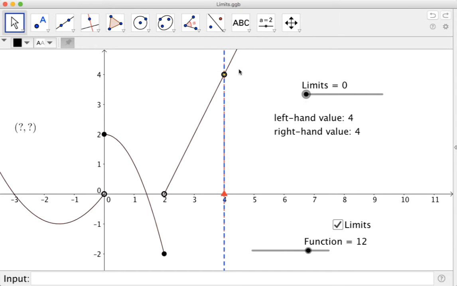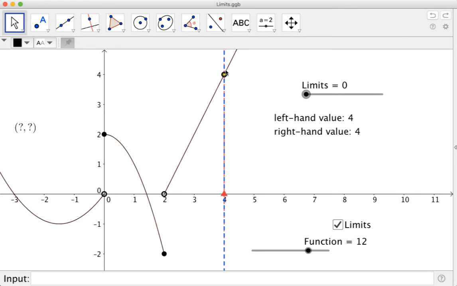So what we would say here is that our left-hand limit as x approaches 4 and our right-hand limit as x approaches 4 are both equal to, in this case, 4, because that's what the y value is. Interestingly, the function is not actually defined at x equal to 4, and we can see that from these question marks here.